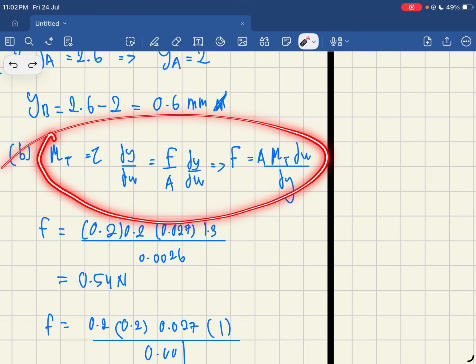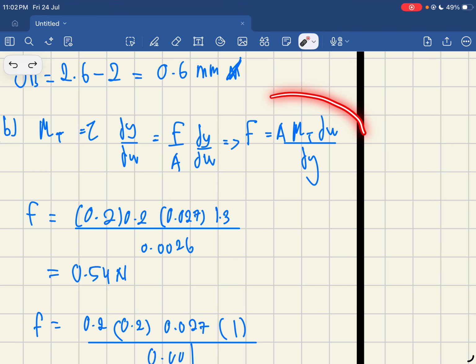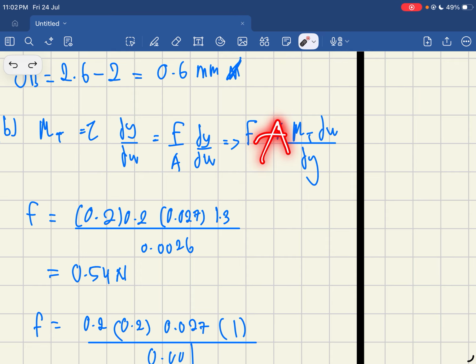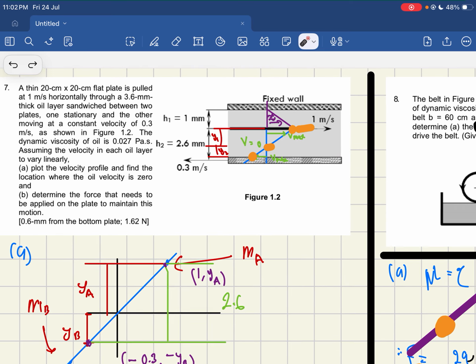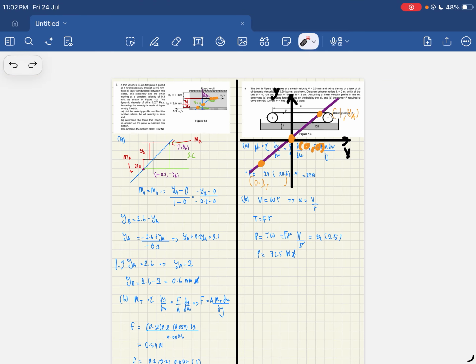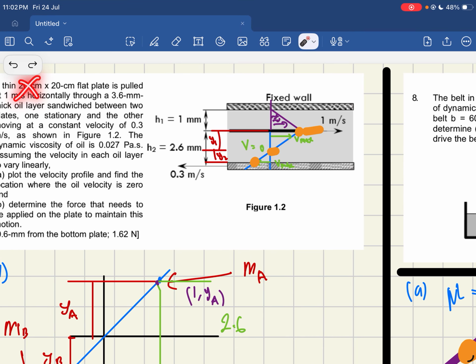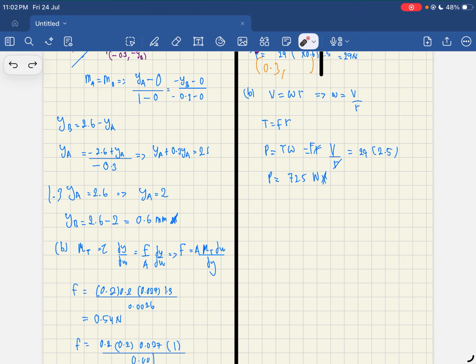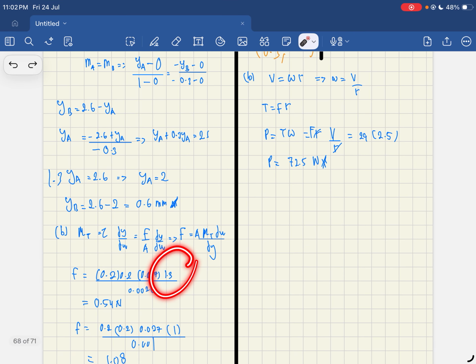We're using the equation of the relationship between nu and tau, and we can rearrange the equation with respect to force. The effective area will be the area that makes contact with the fluid itself, which is length times y. So here it is 0.2 times 0.2, times dynamic viscosity 0.027, multiplied by the velocity, which is 1.3.